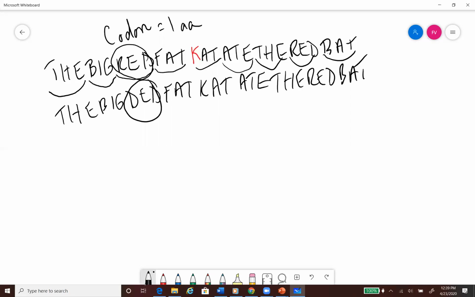Now, in frame shifting, what happens is you add a letter or 2 or 3 or 4, or maybe you subtract a letter. So watch what happens when we do this. Now imagine that the original statement, okay, go back to the original statement, which was: the big red fat cat ate the red bat. But imagine now a deletion happens.